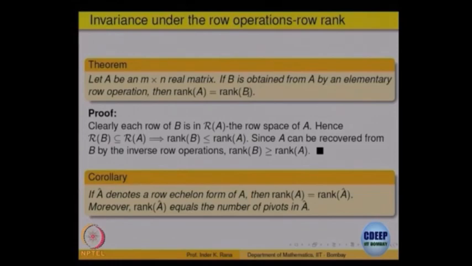Only the non-zero rows are at the top, and we are saying they are linearly independent. So, these non-zero rows will form a basis for the row space of the row echelon form, because they are linearly independent, and these are the only rows which are available, which are independent.